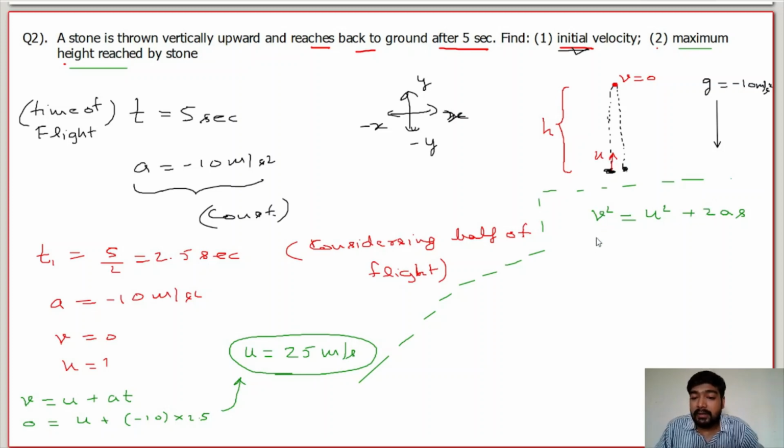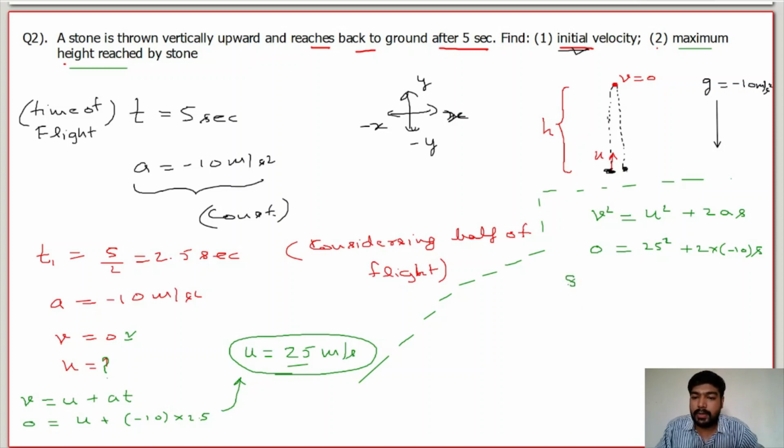As we know, the final velocity is 0 here, and we have calculated the initial velocity is 25. So just put the values: 0 equals 25 whole square plus 2 into minus 10 into s.